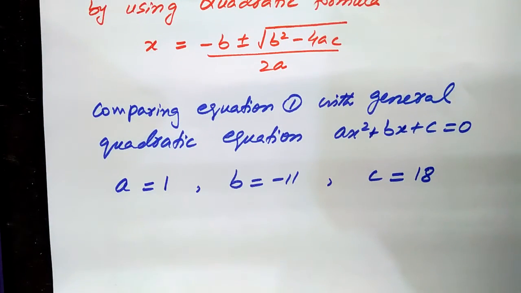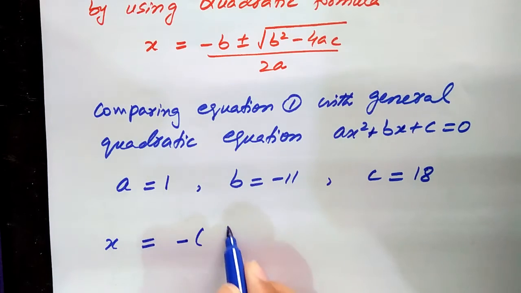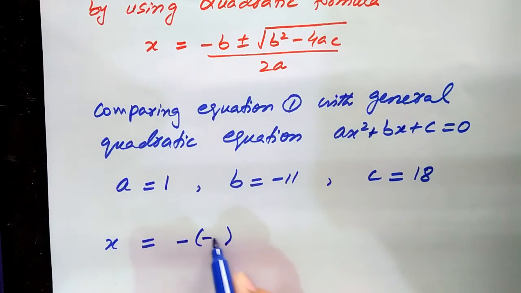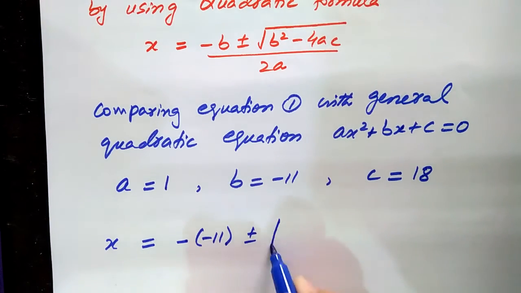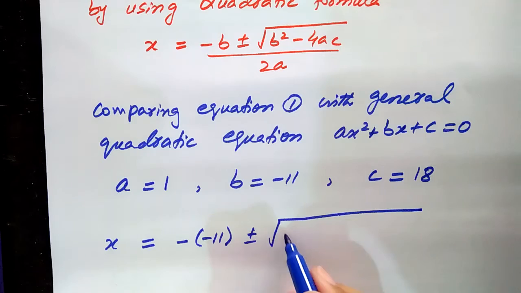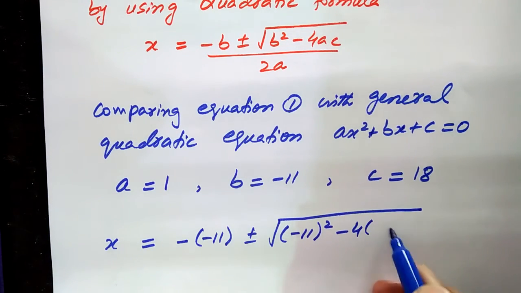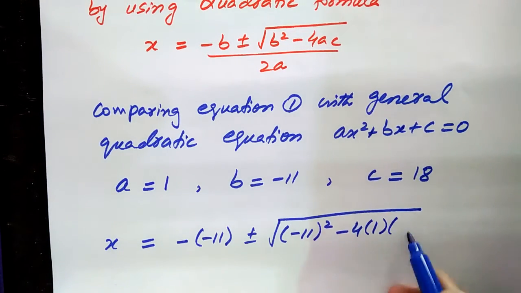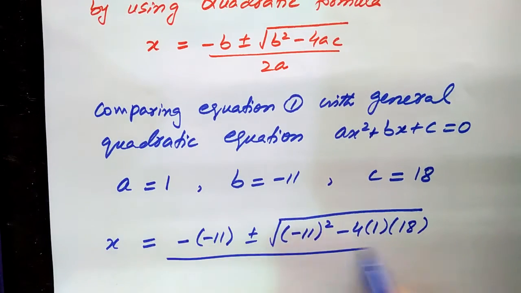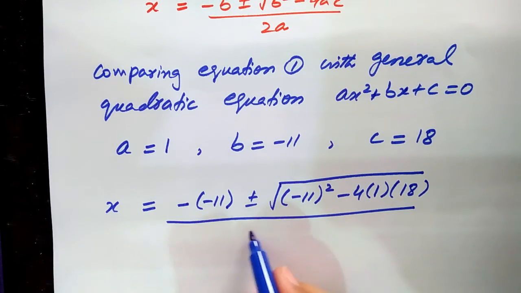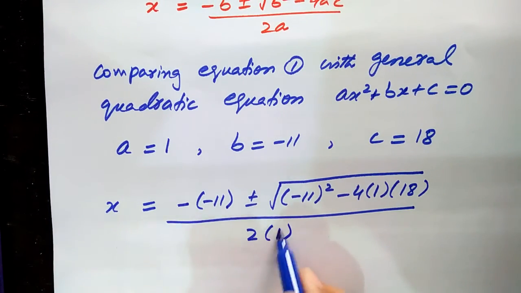Now using the quadratic formula, x equals minus of the value of b, that is minus 11, plus minus square root of b square, that is minus 11 square, minus 4a, that is 1, and c, that is 18, divided by 2 into a, that is 1.